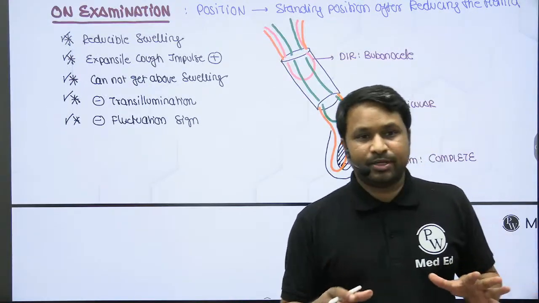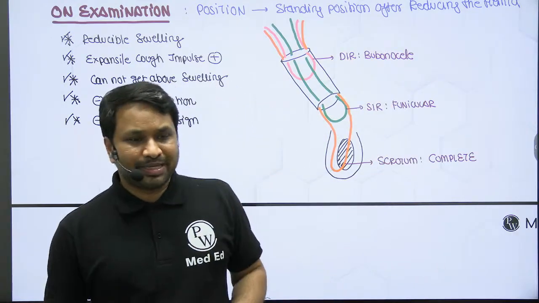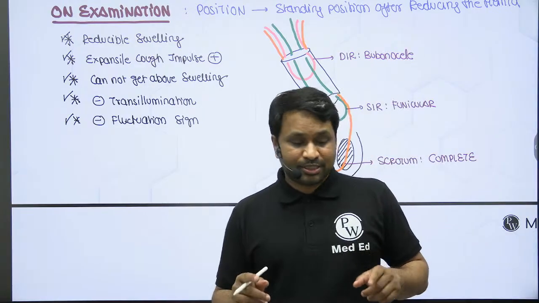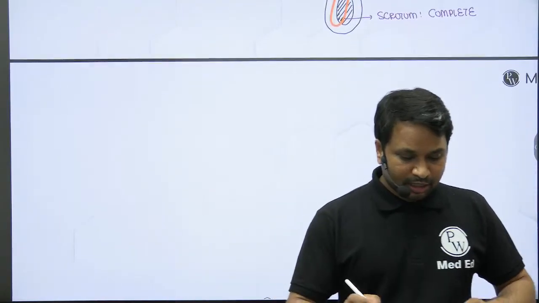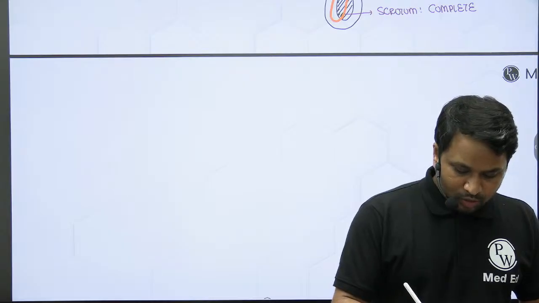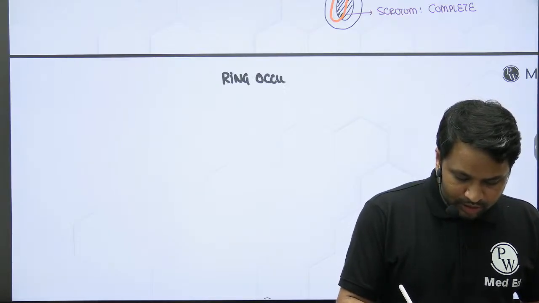Now, on examination, one of the most basic things that you should evaluate is the differentiation between direct and indirect inguinal hernia. So on examination, you have to do something called the ring occlusion test. Let's talk about the ring occlusion test.